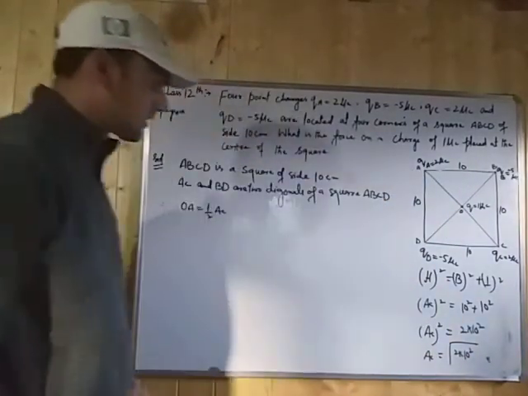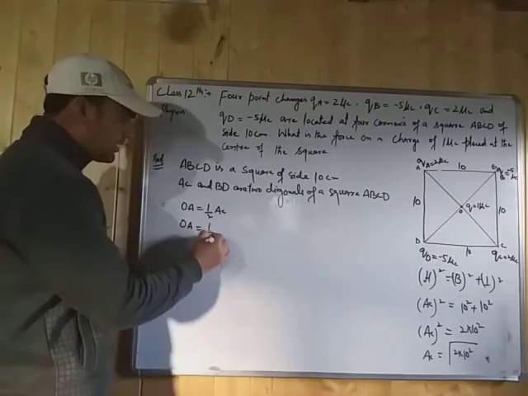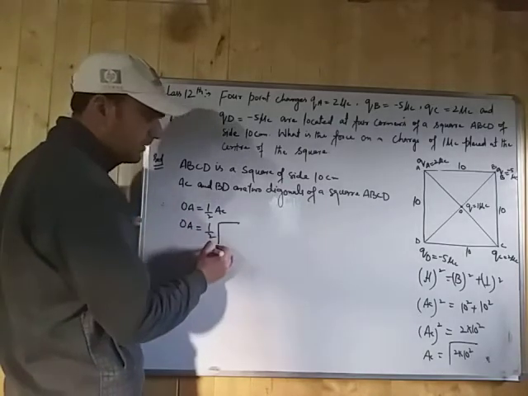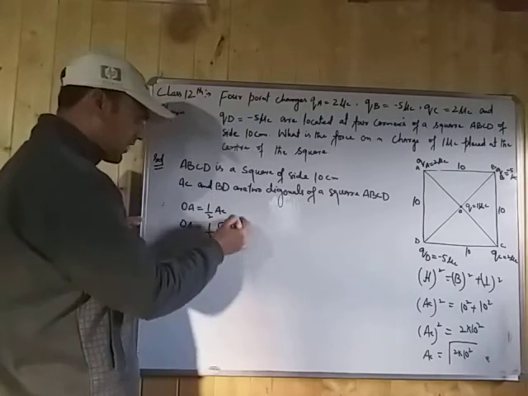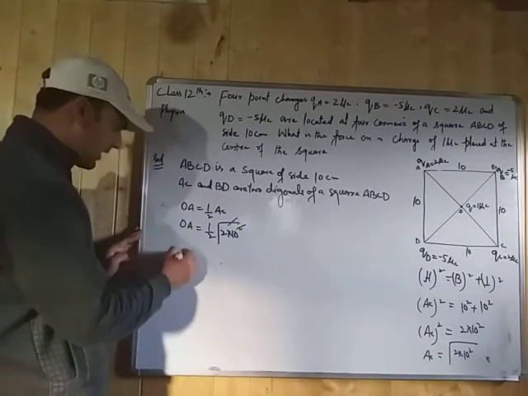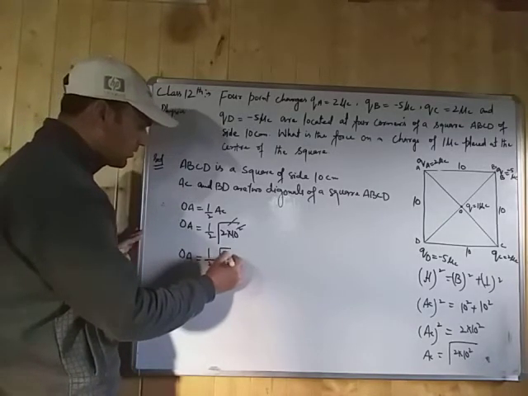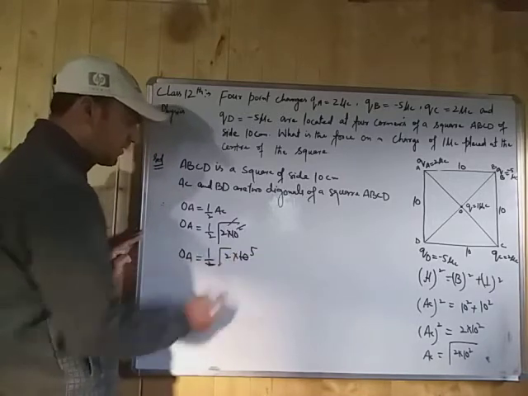Similarly, we will write OA is equal to 1 divided by 2 AC. AC is under root of 2 into 10 square, so square and root will cancel each other. We can write OA is equal to 1 divided by 2 under root 2 into 10. So this will be 5.